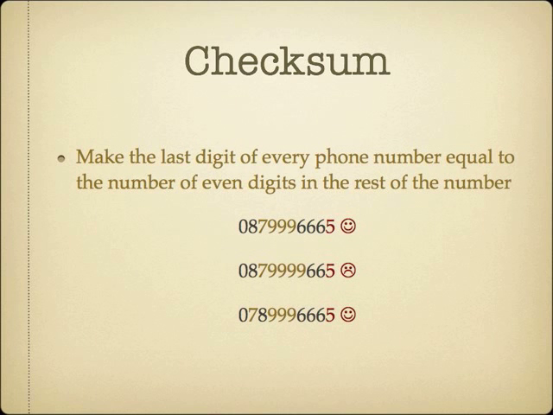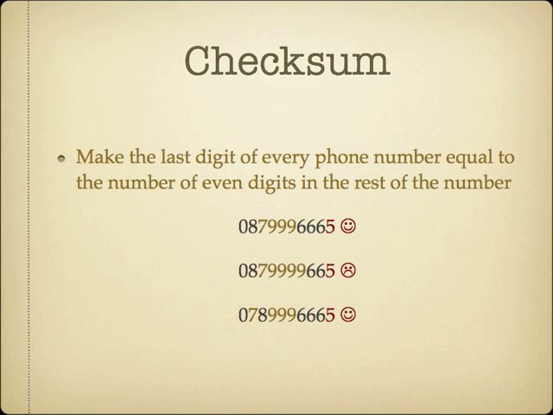So a number like 087 999 666 would have 5 even digits in it up to that point. And so then the last digit should be 5. So the number would be 087 999 666 5. Remember, 0 is an even digit as well.